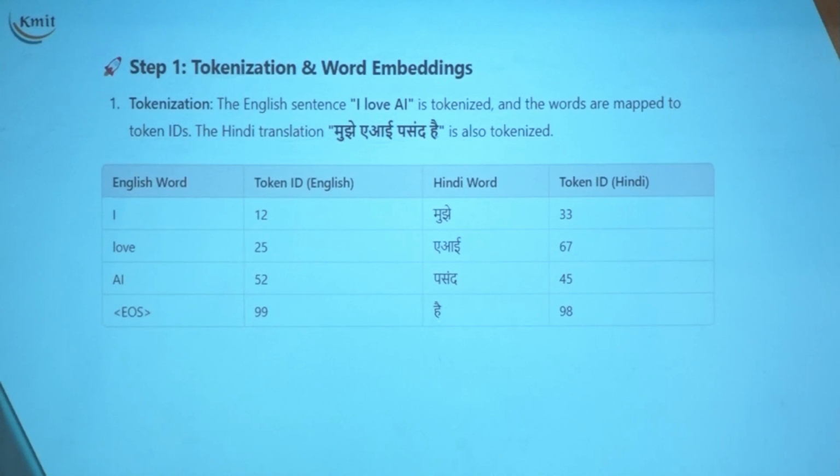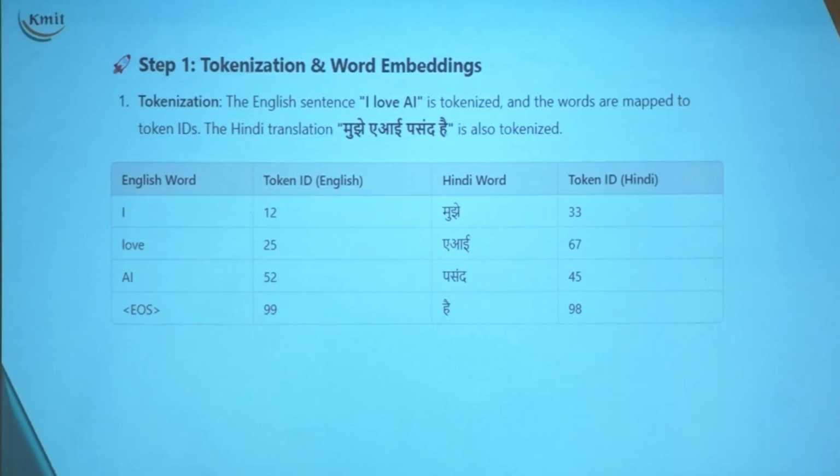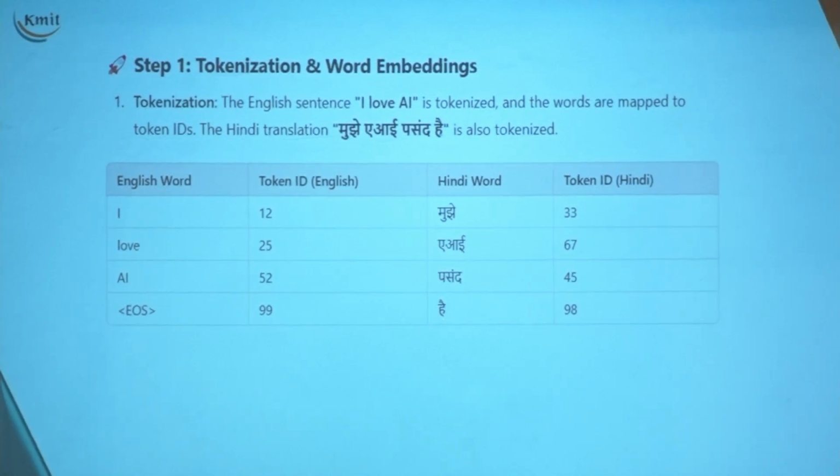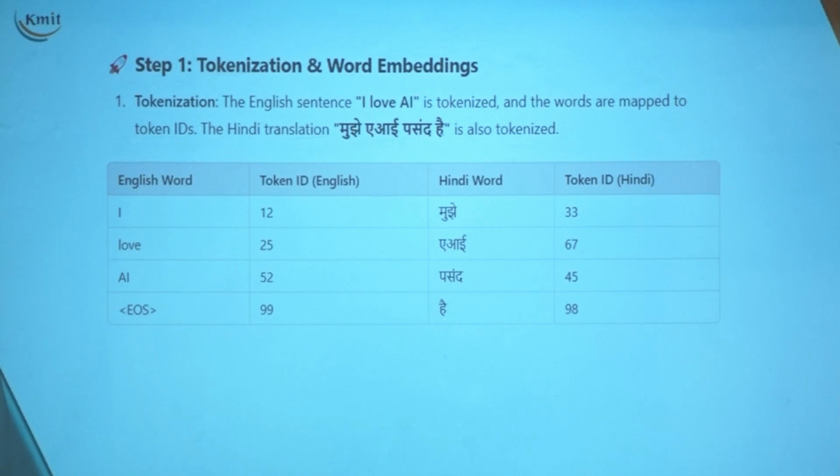I love AI. In the previous example, in the corpus, we have seen 3 sentences. So the token IDs here are not randomly generated. The corpus may have so many words. I am picking up this word for testing my model. Please understand this. The corpus has a lot, a paragraph, Wikipedia data about AI.